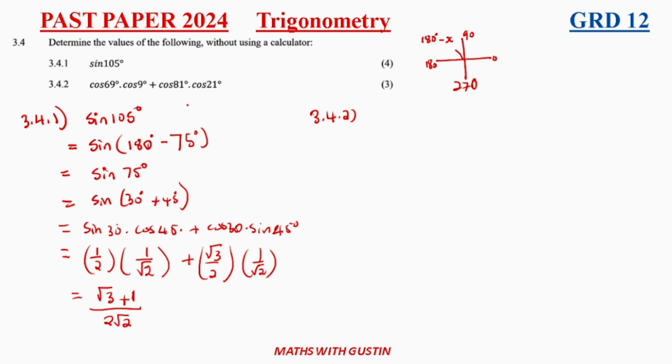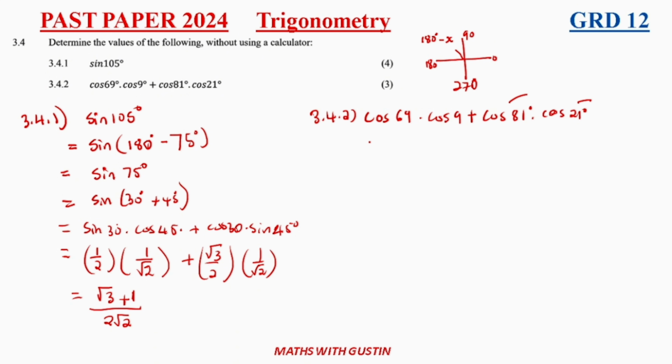This is also a co-function as well. So now let's see. Cos 69, cos 9. But however, because these are co-functions here, all of a sudden you've got a 81, and also here you've got a cos 21. So now if you see here, we need to simplify this and that.